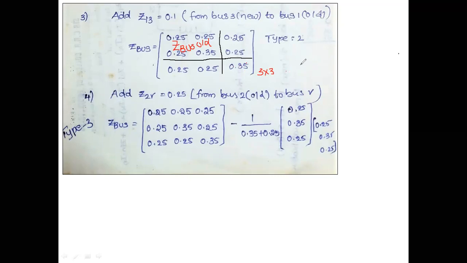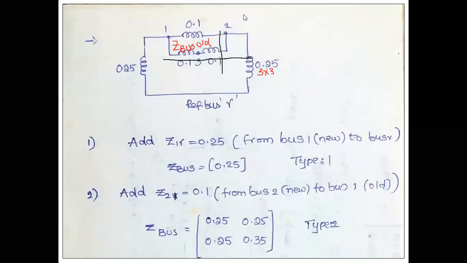If you clearly see the last figure, we have introduced bus number 1, bus number 2, and we have already introduced bus number 3. Whenever 3 is also introduced in the system, obviously it becomes an old bus when you go for the next step. Similarly, bus number 2 is also an old bus. If ZB is connected in between two old buses, that will become type 4 modification, not type 3.